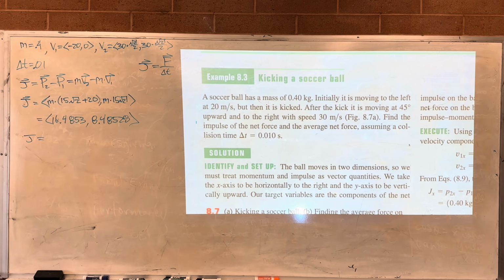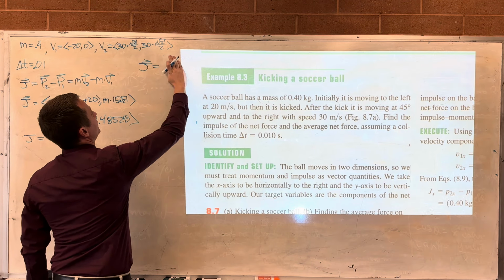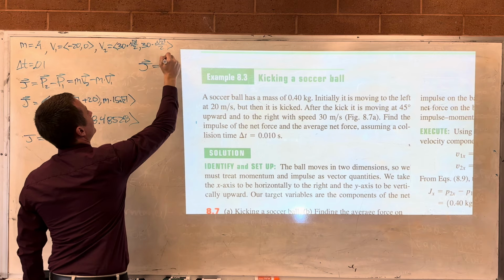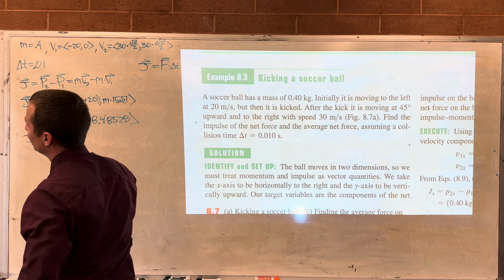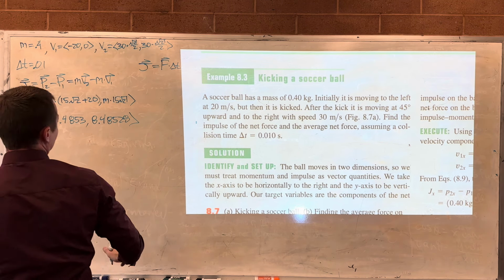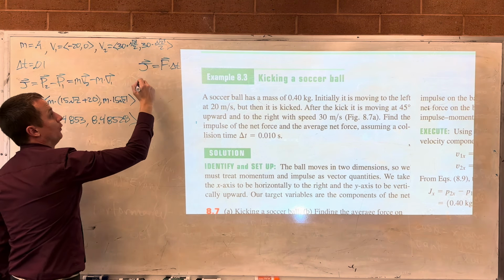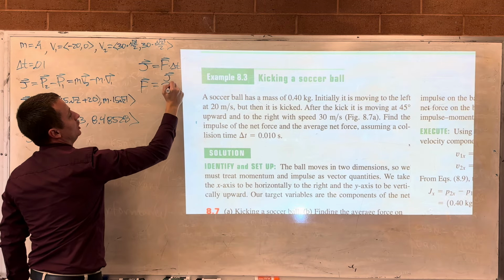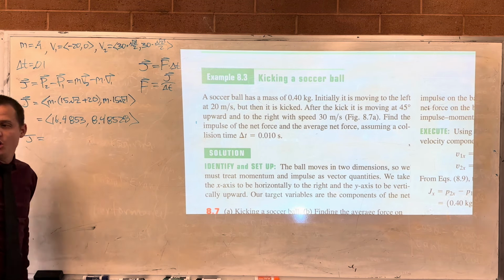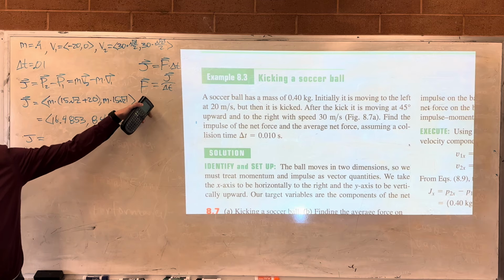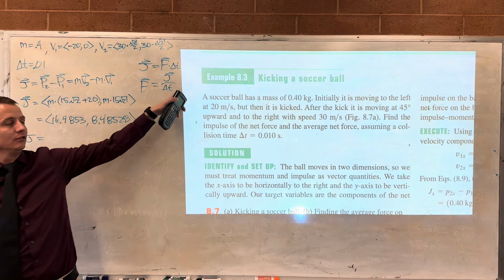Okay, so our force is equal to J over delta t, but the point is they point in the same direction. We're looking for the magnitude of F. The magnitude of F is going to be the magnitude of J divided by delta t.